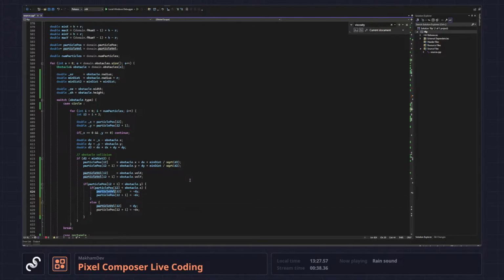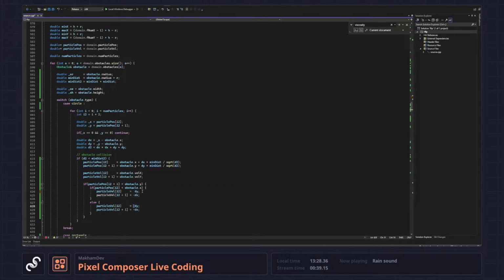Oh, wait, that's the velocity. If not, then you do dy minus dx. Now, wait, the y-axis goes down, right? So the y-axis increases as you go down. So this one minus this one has to be negative. dx, dy is negative by default, so this one doesn't have to do it.